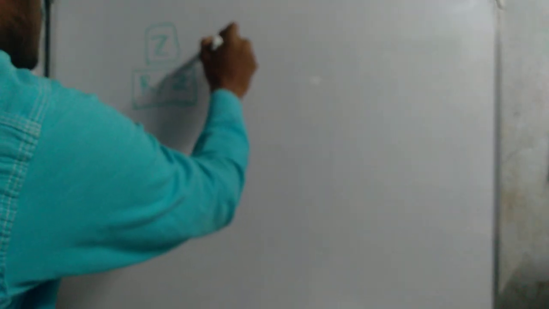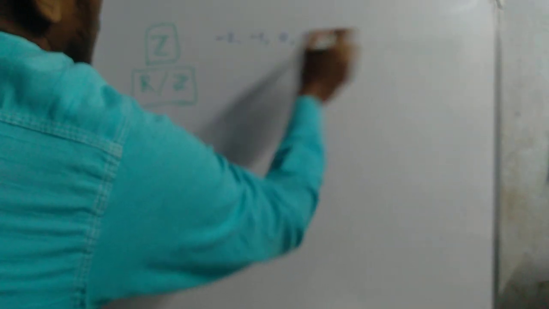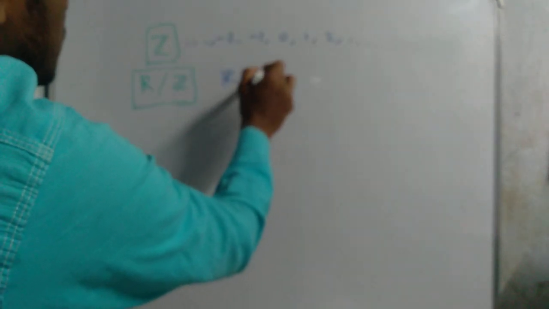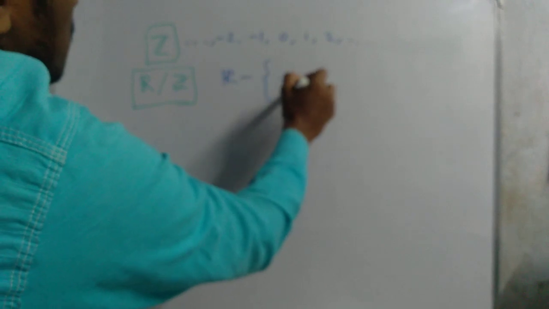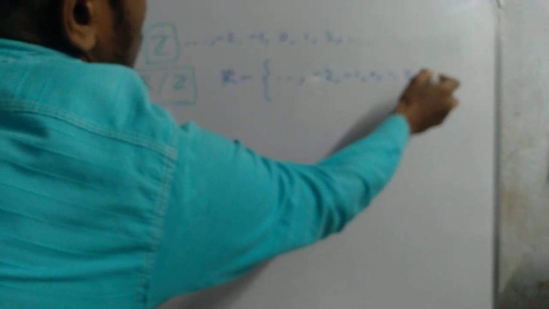Z obviously contains the points -2, -1, 0, 1, 2, and so on. And R difference Z means R without these points. What happened?